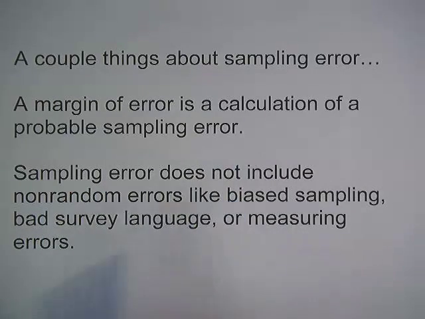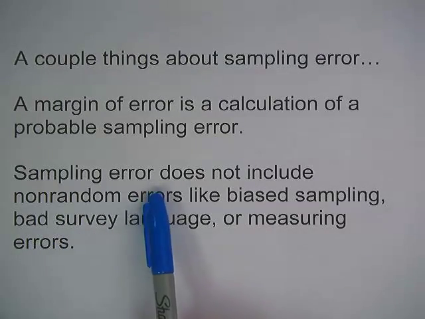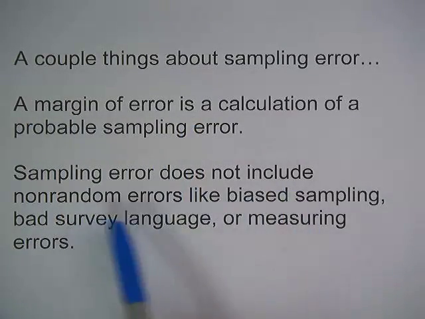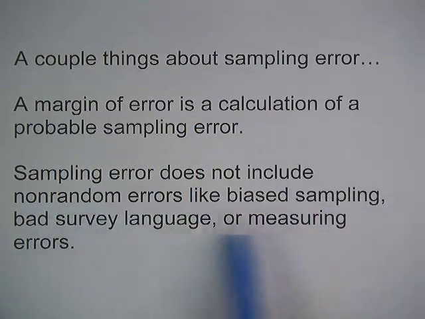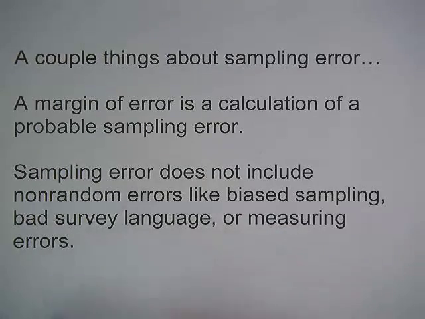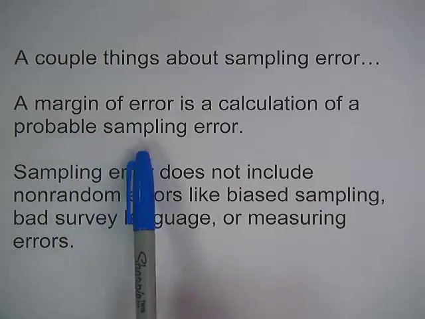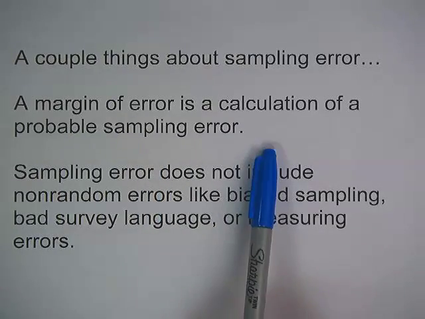Now, sampling error does not include non-random errors like biased sampling, bad survey language, or measuring errors. So when they're talking about sampling error, usually defined as that margin of error, they're assuming that none of these other errors came into play. The margin of error usually only is a calculation of your sampling error.